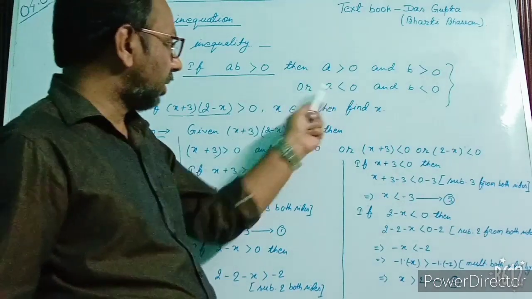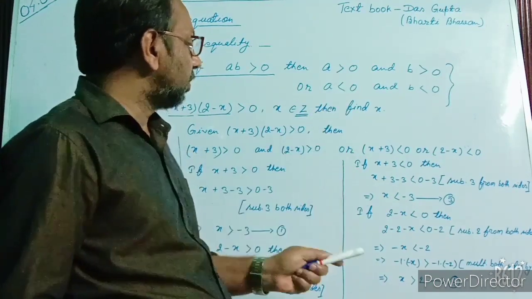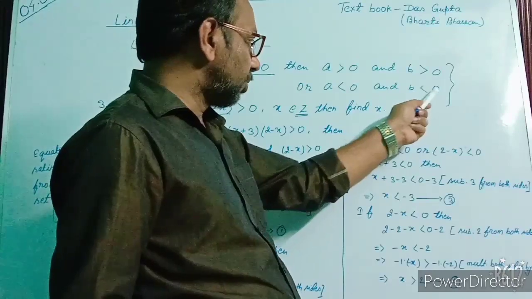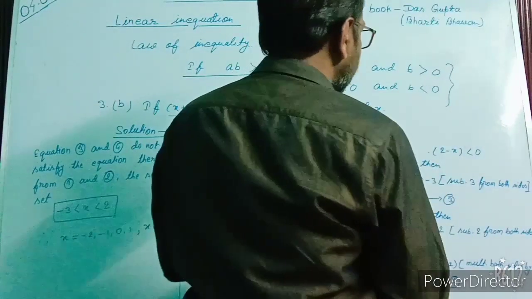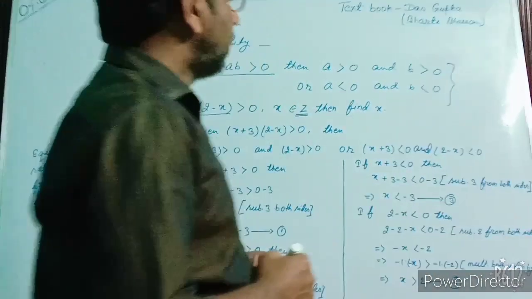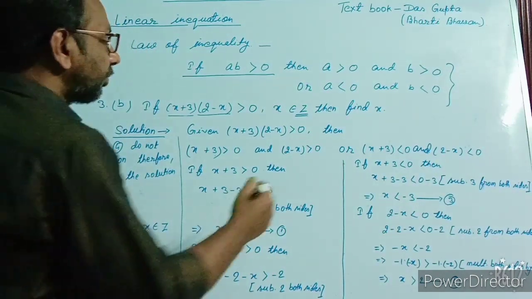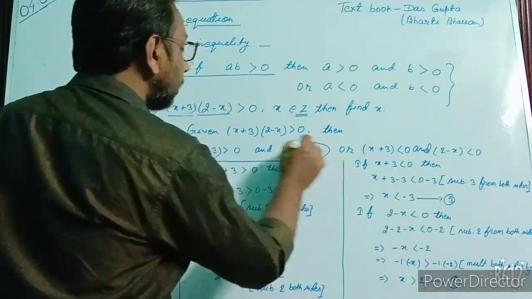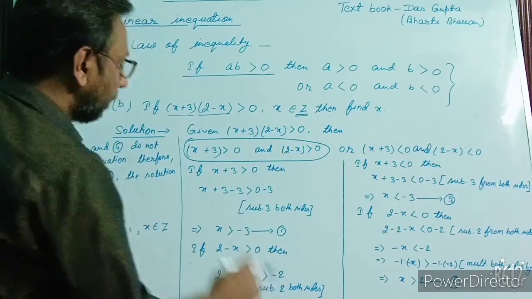Now the next possibility: A is smaller than 0, so x plus 3 is smaller than 0, and B is smaller than 0, so 2 minus x is smaller than 0. I have solved this portion at first, continued here in this column.